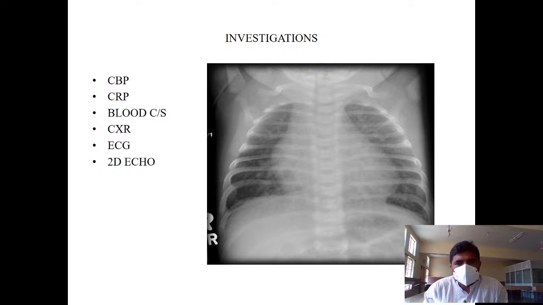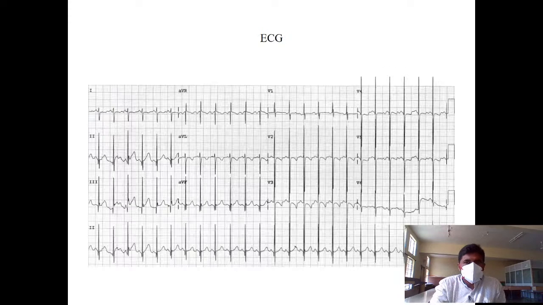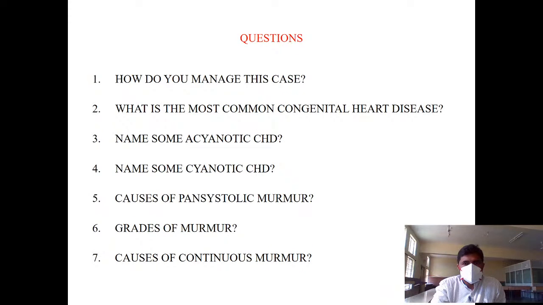So pulmonary congestion is there, cardiomegaly is there. These are the findings you get. And then ECG, you look for axis deviation, whether it is left axis deviation or right axis deviation. And then look for ventricular hypertrophy. Then obviously you will confirm the diagnosis by 2D echo. That's how you need to see the investigations.